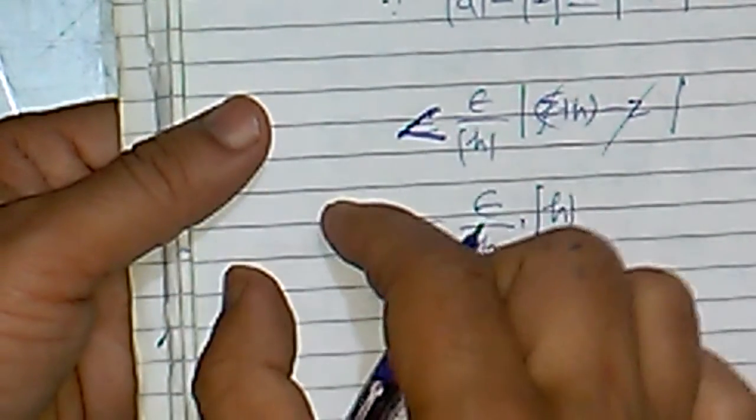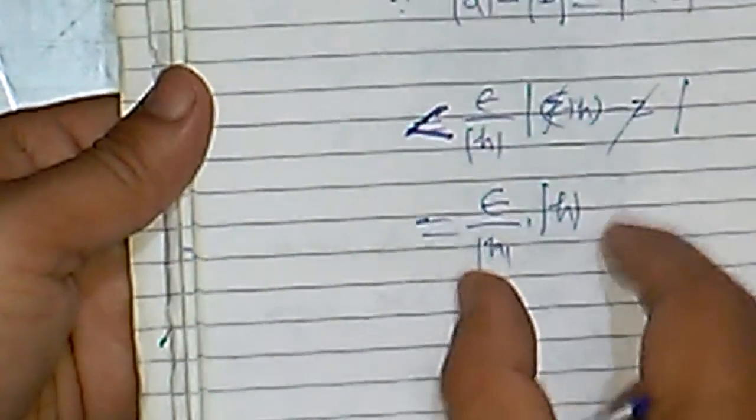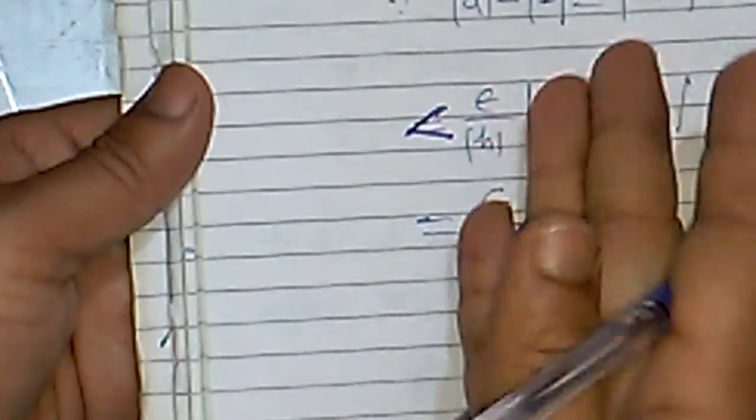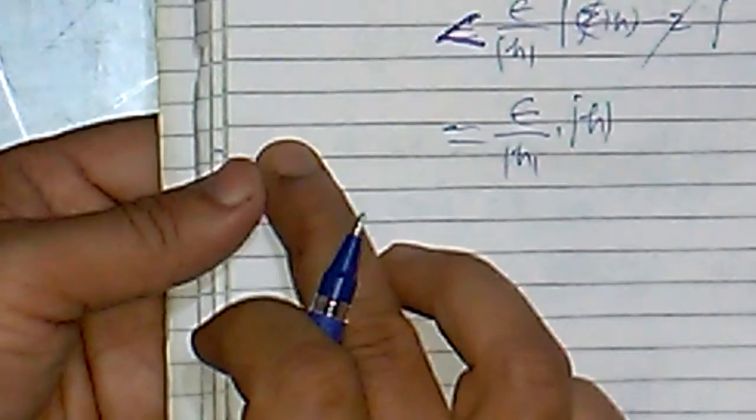The left hand side is less than this value, because previously this value is greater than the left hand side, and this value is also greater than this value. This value is greater, therefore the left hand side is less. So if we write the left hand side, we will use the sign of inequality.